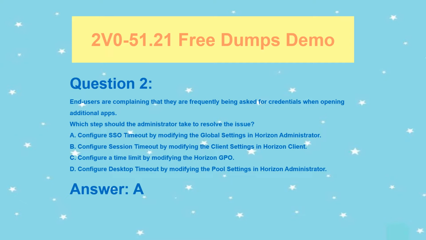B. Configure session timeout by modifying the client settings in Horizon Client. C. Configure a time limit by modifying the Horizon GPO. D. Configure desktop timeout by modifying the pool settings in Horizon Administrator. Answer: A.